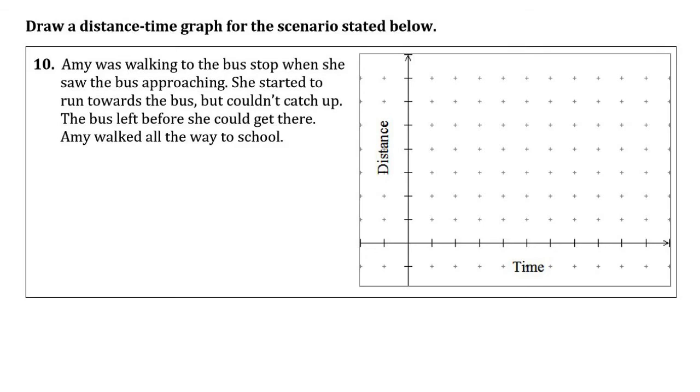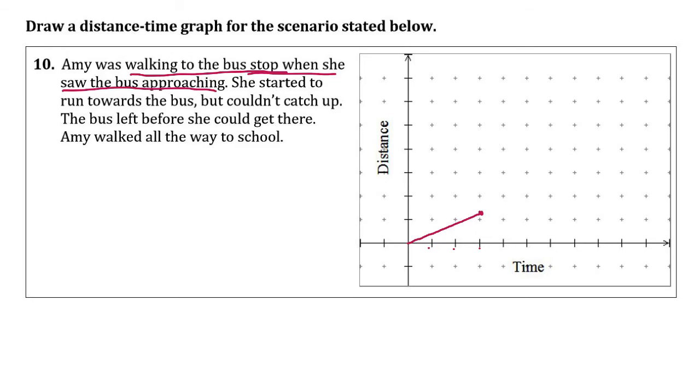So let's think about this for a moment. She was walking to the bus stop when she saw the bus approaching. So she was just walking. I don't think she was walking all that fast. So maybe she was walking up till, let's say, 1, 2, 3. I don't think she was having a huge amount of rate of change.